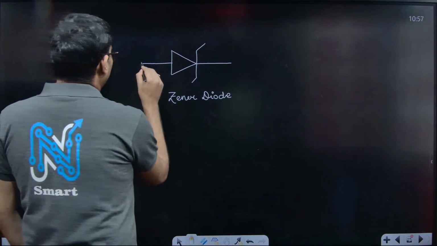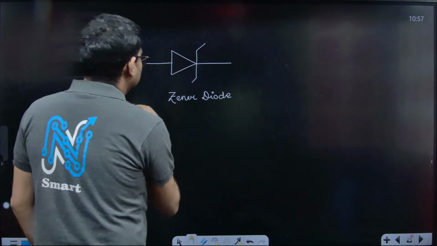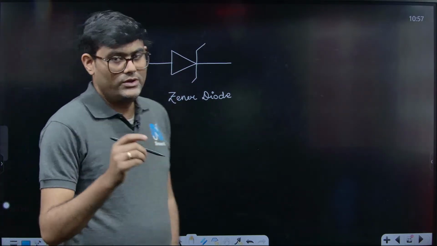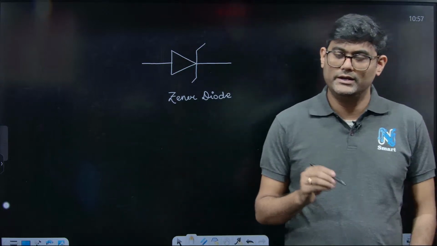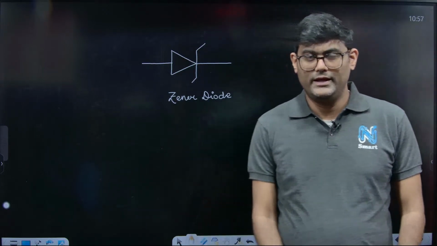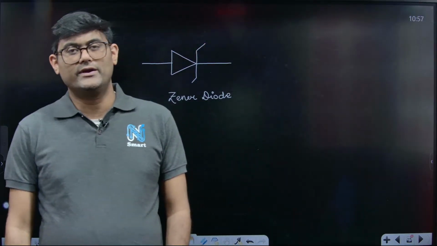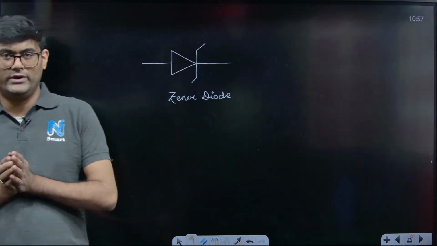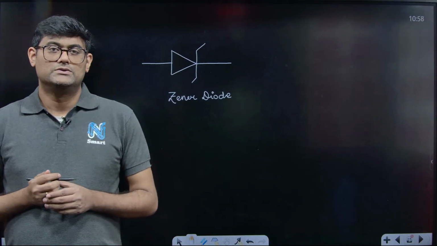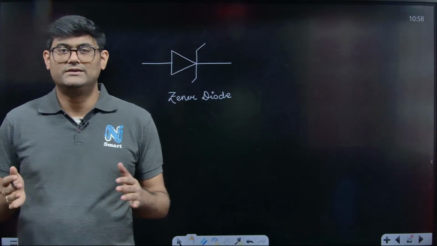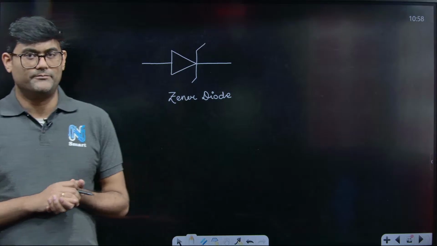Whenever we want to use a Zener diode as a voltage stabilizer, we have to make sure that this diode is properly reverse biased, right? I have already explained that a Zener diode is different from a normal diode in that it is heavily doped, so that we can achieve this breakdown condition soon.